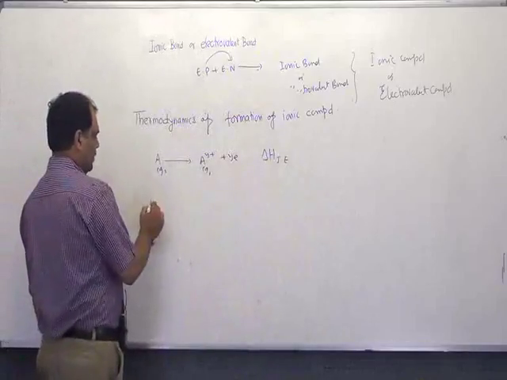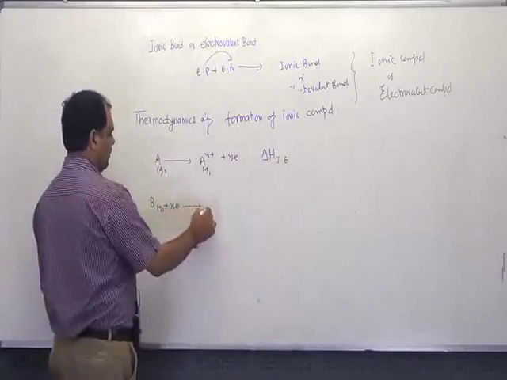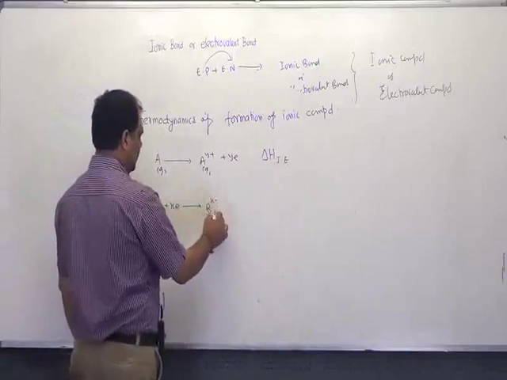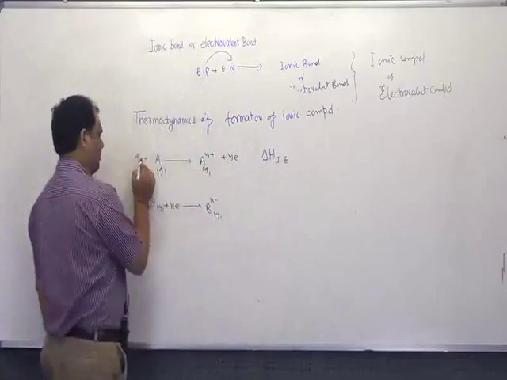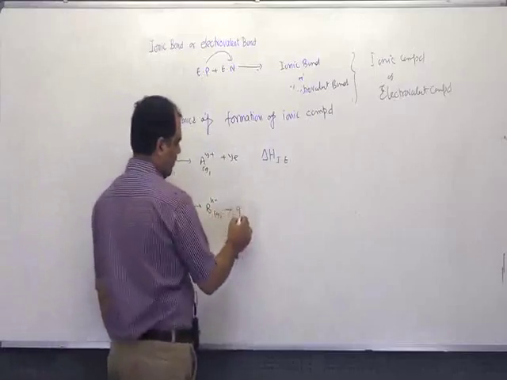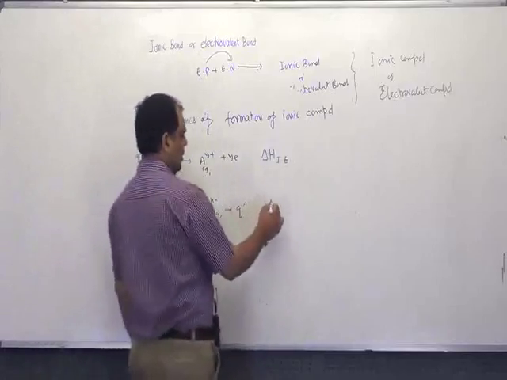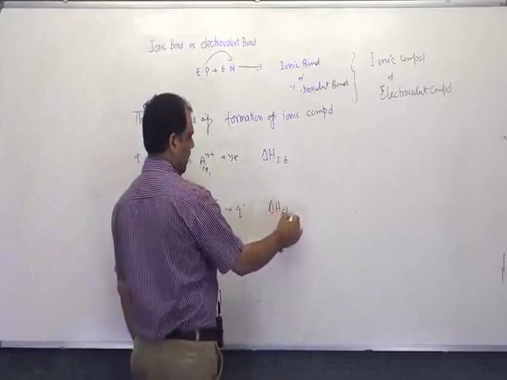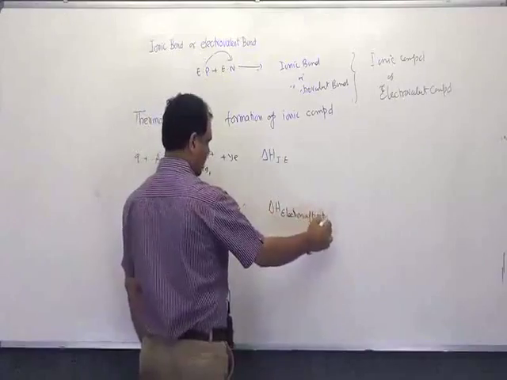Now there is an atom B in gas phase gaining x electrons and forming B^x- in gas phase. So this process is endothermic, plus Q. This process is exothermic, Q dash, but we call it delta H electron affinity.